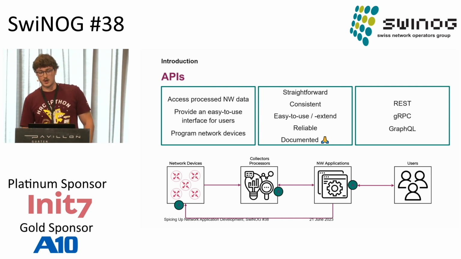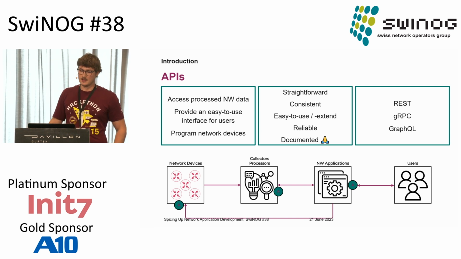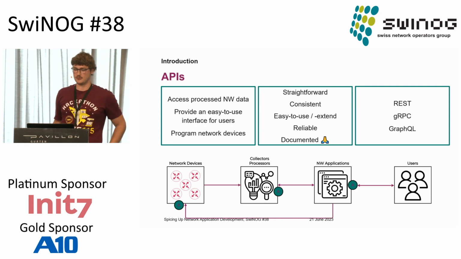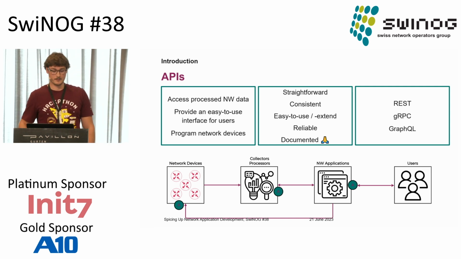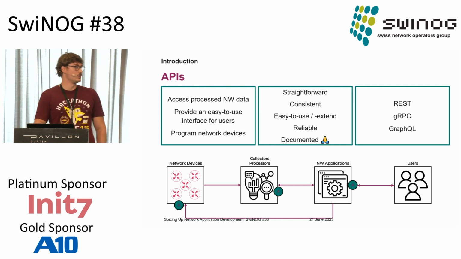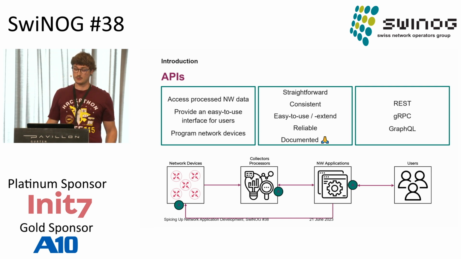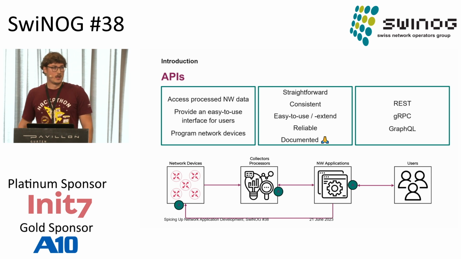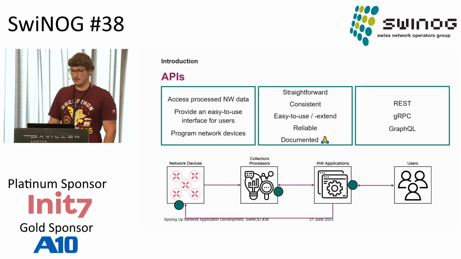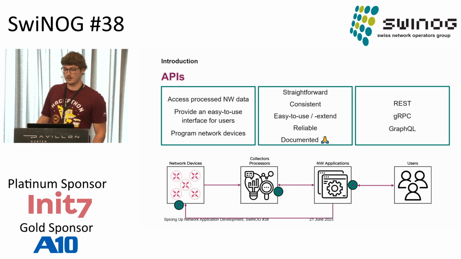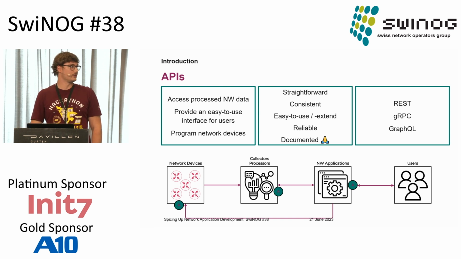For example, one on the collector processor side should give access to the network application so that the network data can be retrieved. Hopefully we have an easy-to-use interface on the network application side so that the user can use the application easily. And of course, we all know that we have application program interfaces on the network device side.